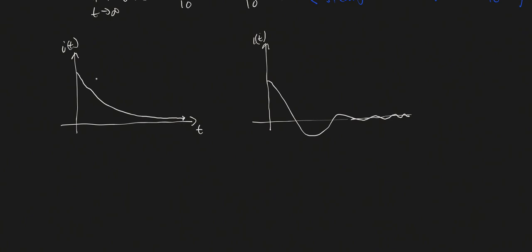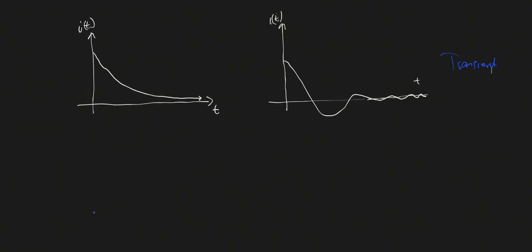And both of these, as far as plotting the current versus time, represent responses that are transient. So both of these are transient, but they decay in different ways. This one oscillates, but the amplitude decays over time.